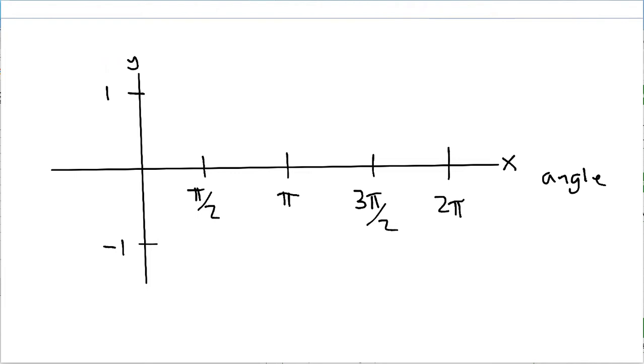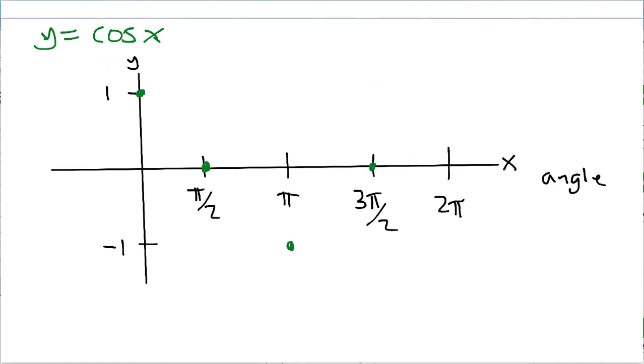Now, if we are going to graph y is equal to the cosine of x, the parent function of cosine starts at 1. Then it goes to 0. Then cosine goes down to -1.